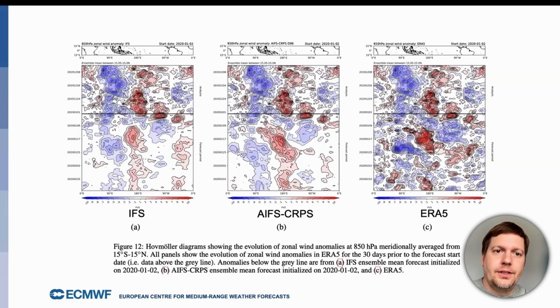Here you see the history on top of the forecast, the true states of the atmosphere. Then down here is the forecast, and this is the truth for the whole forecast period. You can see that these anomalies and how they propagate are well captured by the AIFS ensemble system.